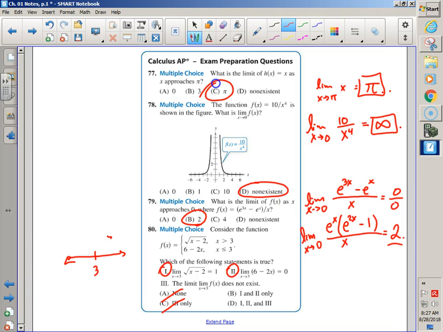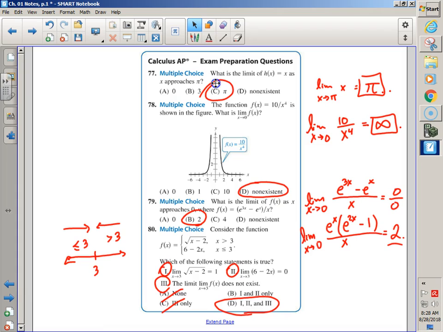So this would be greater than 3. This would be less than or equal to 3. If we want to come from above, we'd be going with this guy. If we wanted to come from below, we'd be going with that guy. So what happens when they don't agree? Does not exist. Final answer should have been D.